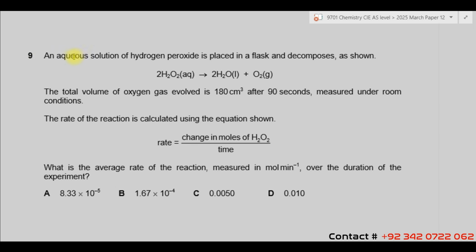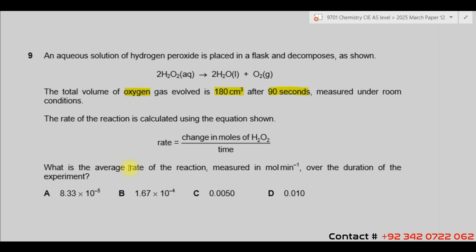Question 9. An aqueous solution of hydrogen peroxide is placed in a flask and decomposes as shown. The total volume of oxygen gas evolved is 180 centimeter cube after 90 seconds, measured under room conditions. The rate of reaction is calculated using the equation rate equals change in moles divided by time.